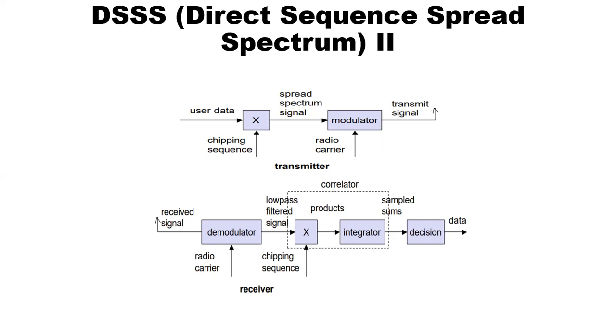These interferences are filtered using a low pass filter, and then the signal is XORed with the same chipping sequence which is used on the transmitter side. This product is integrated, the sample sums are taken, the data is checked against the sampled sums, and the original data is recovered on the receiver side.